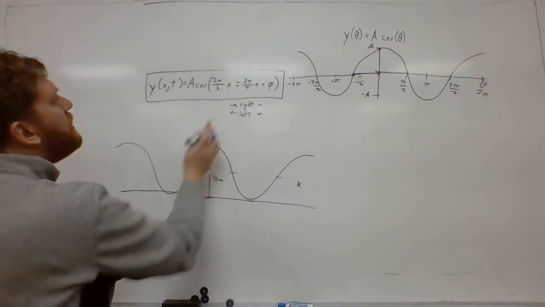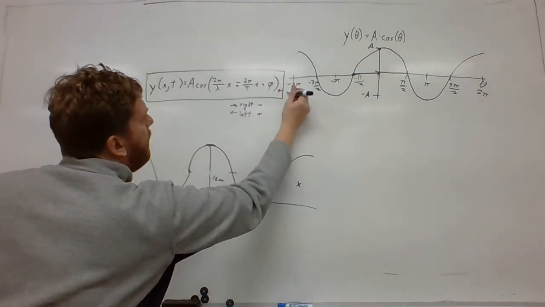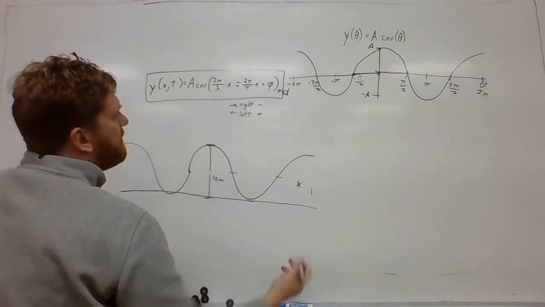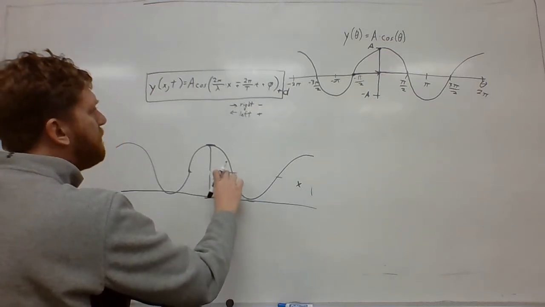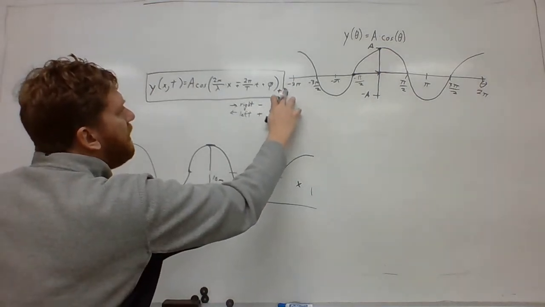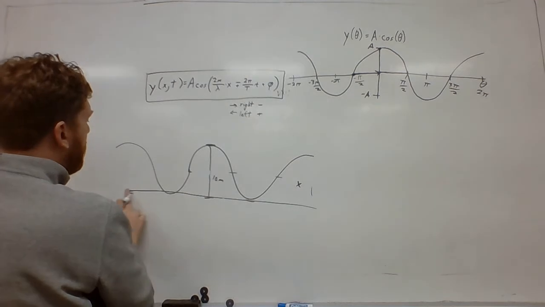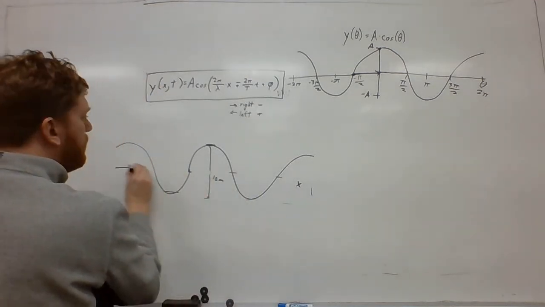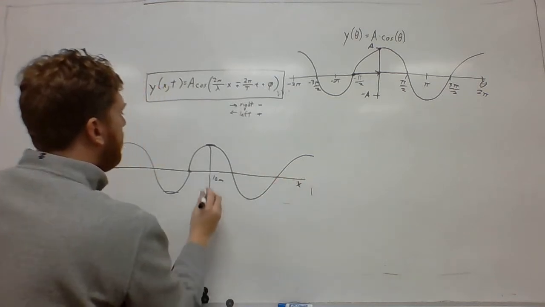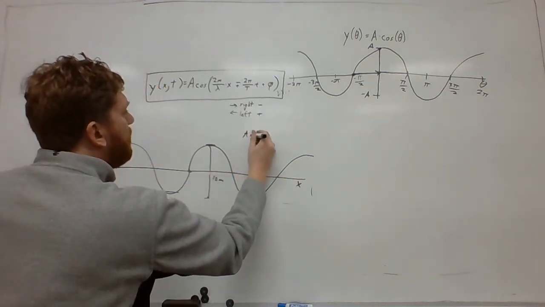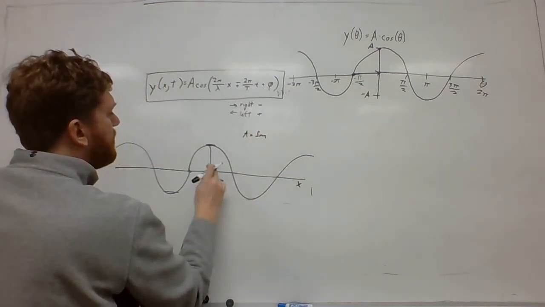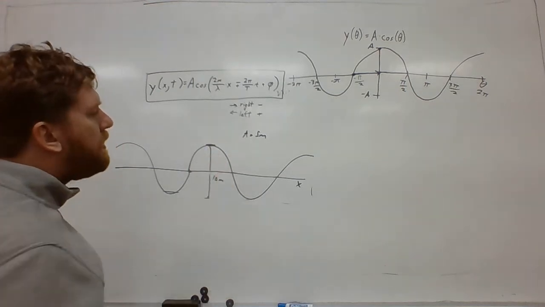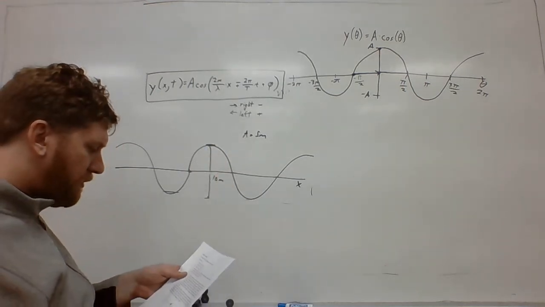But in this case, we would just shift our entire graph upwards from some distance. In this case, we shifted up by the amplitude. But typically, when I draw the graphs, I'm going to draw it with my horizontal axis going right through the center of this wave. My amplitude is 5 meters, since it goes 5 meters above and 5 meters below the center of the wave.